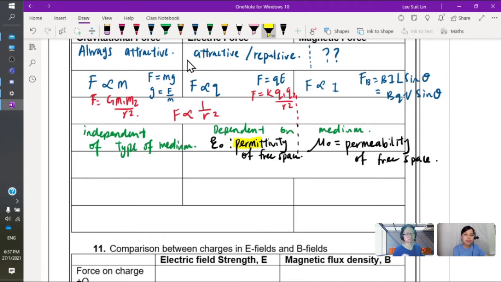Permeability is because when you draw the magnetic lines, they look like they reach out and curve in, so it permeates the space. If you're a person like me who really enjoys language, I vibe with words like that. But if not, then you memorize it or look at page 2 in your question paper.